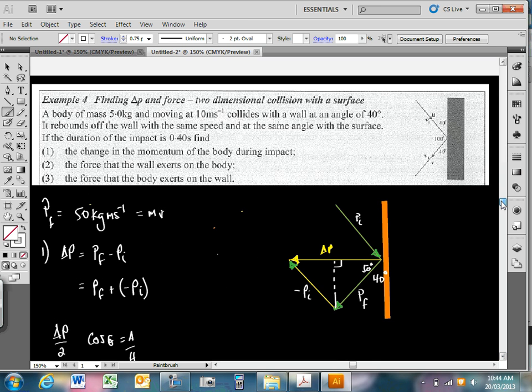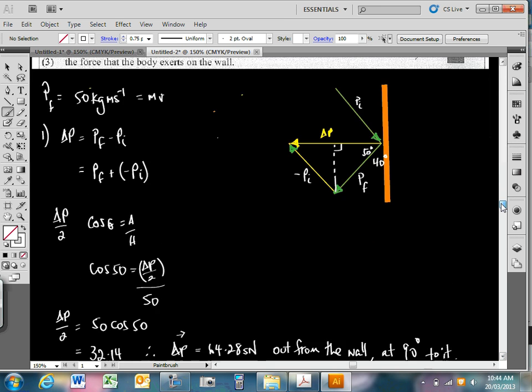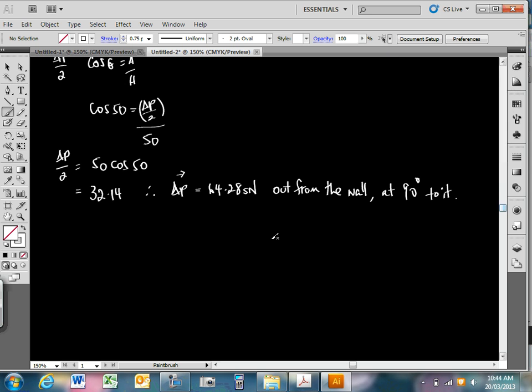Next question, force that the wall exerts on the body. And we're just going through, we're repeating ourselves again. F equals change in momentum over change in time.